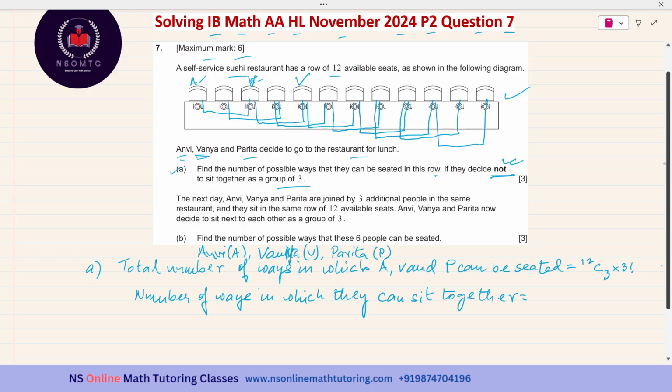How many of them are there? 1, 2, 3, 4, 5, 6, 7, 8, 9, and 10.